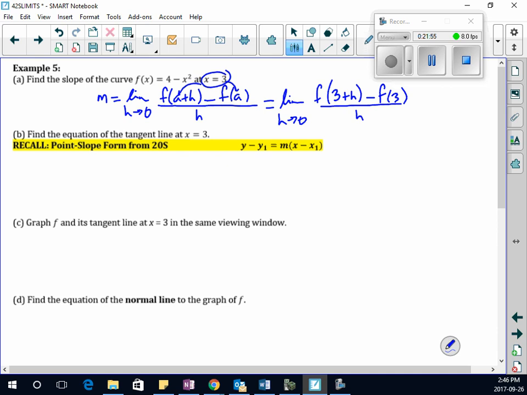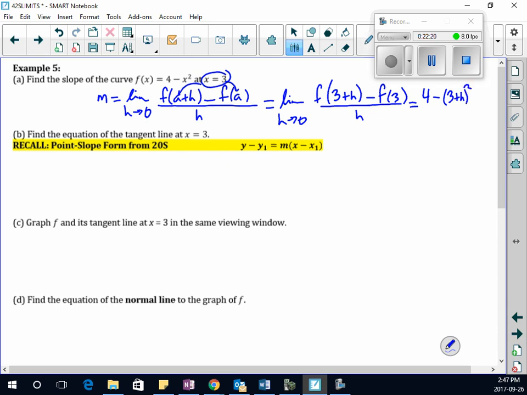And you might say, well, that's not getting us anywhere. But we can actually plug this into here, right? What's f of 3 plus h? This is my input, it's going into the function. What do I get when I put it into this input here? Yeah, very good.